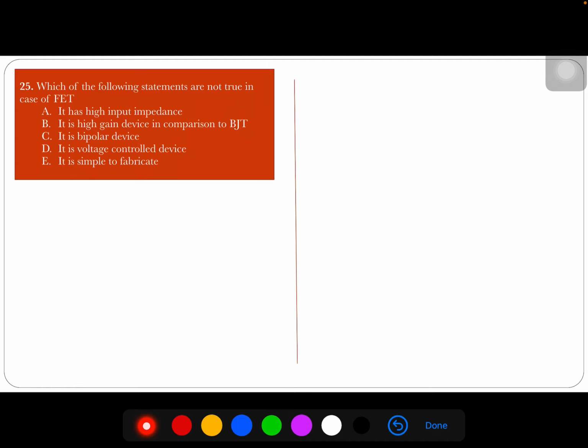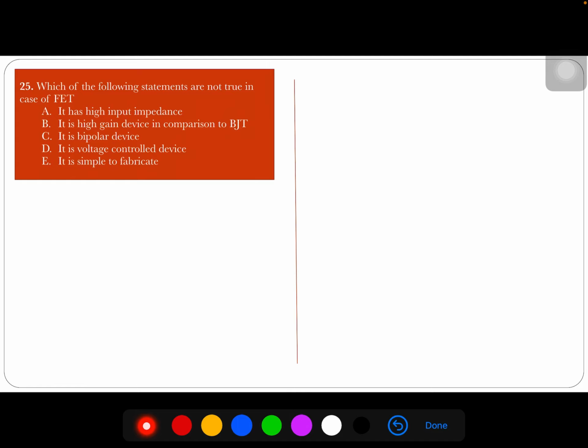Next question. Which of the following statements are not true in case of FET? It has high input impedance, it is correct, but the false statement has been asked. It is a high gain device in comparison to BJT. No. Remember that FET is better than BJT in all respects except gain. The gain provided by BJT is more as compared to FET.